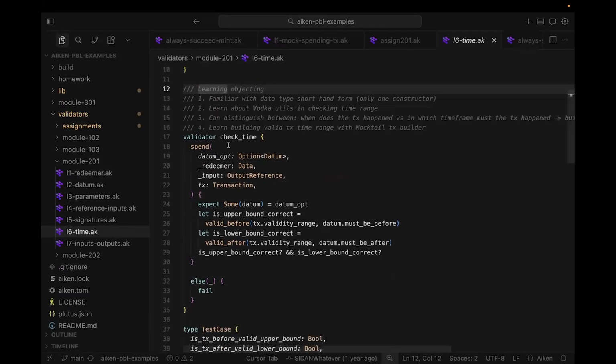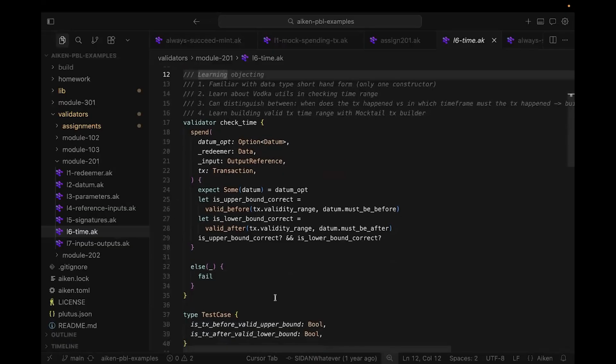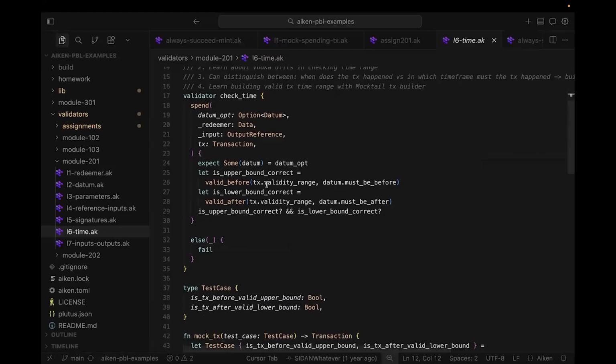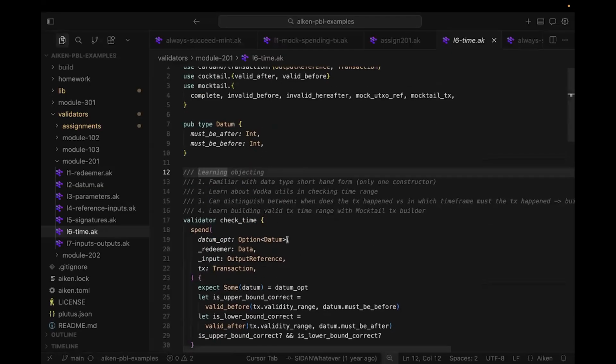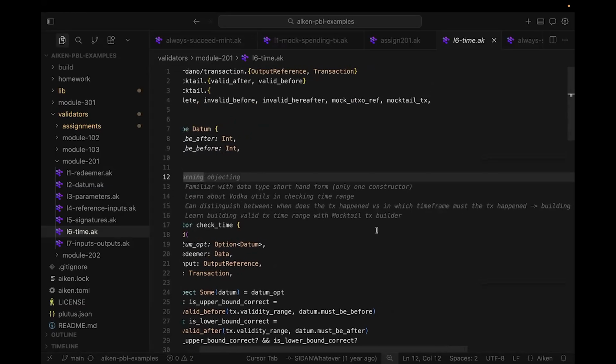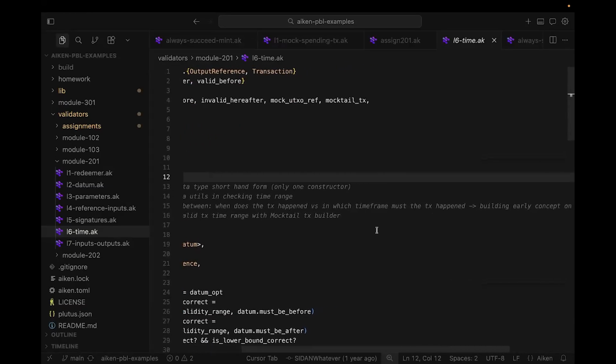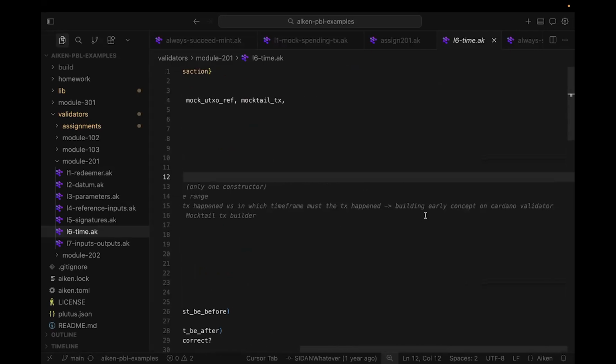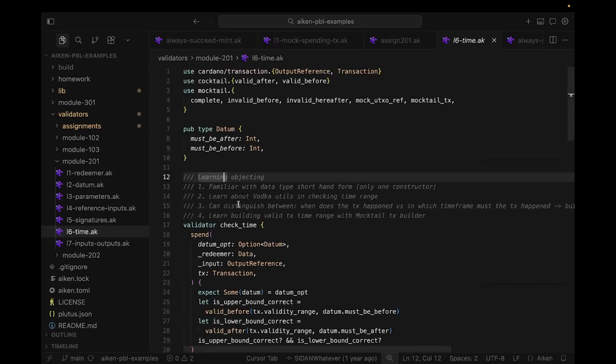Okay, that's all fine. It is a spending validator, and they are basically checking when the transaction happens versus in which time frame the transaction must happen. Does this make sense to you guys?